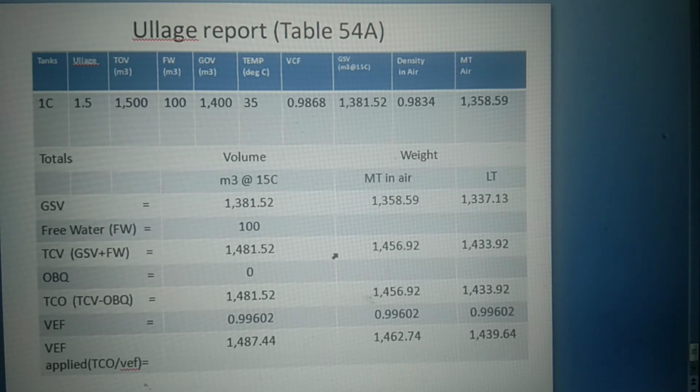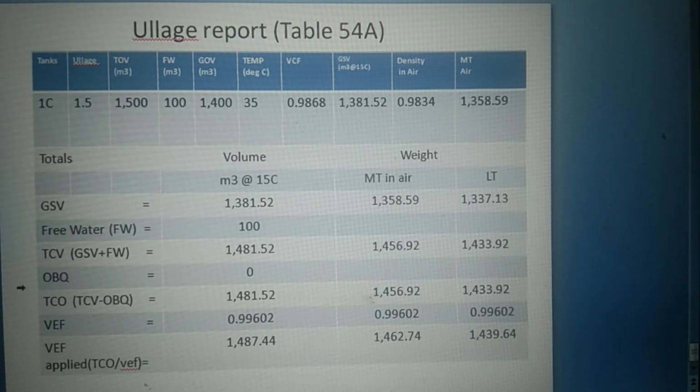Okay guys, the total calculated volume in metric ton is 1456.92. The total calculated volume in long ton, 1456.92 times 0.984206. Now we have 1433.92 long tons.